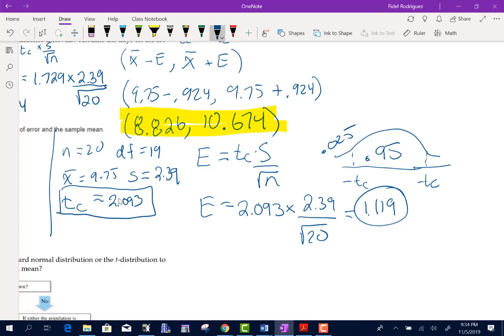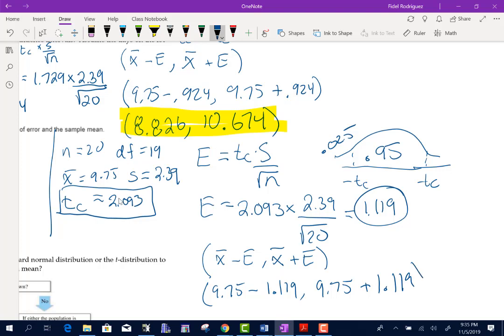All right. So guys, now remember what we're going to do. We're going to find our confidence interval. So remember, the first number is going to be x bar minus e and x bar plus e, right? So this is going to be x bar was 9.75 minus 1.119, and 9.75 plus 1.119.